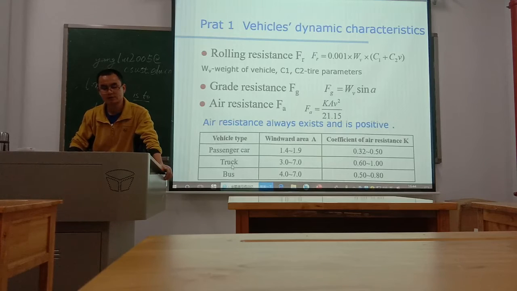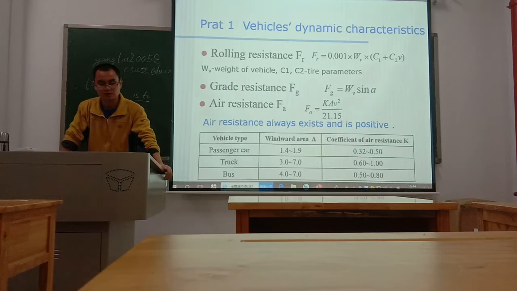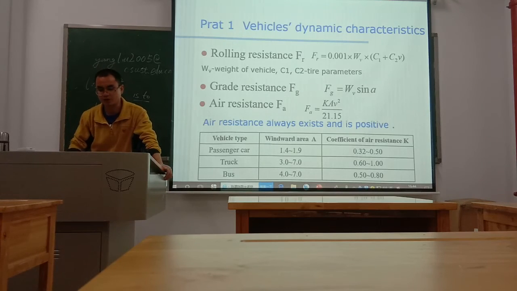The windward area of a truck and bus is larger than that of a passenger car. K is the coefficient of air resistance. The coefficient of air resistance of a truck and bus is larger than that of a passenger car.